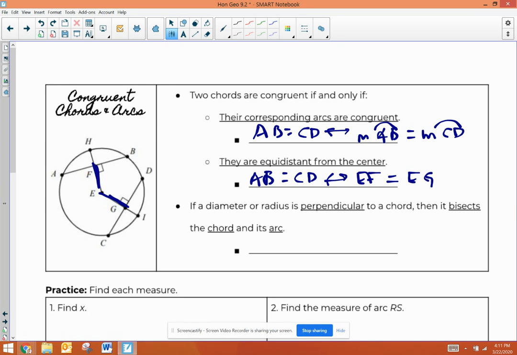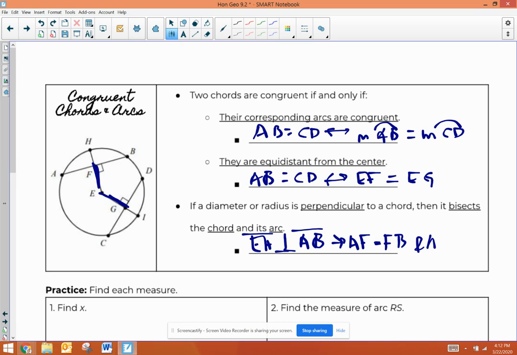So additionally, if a diameter or radius is perpendicular to a chord like we see here, then it bisects the chord and its arc. So if segment EH is perpendicular to segment AB, I'm having a hard time with B here, then the measure of segment AF is congruent to the measure of segment FB, and their corresponding arcs are also congruent.